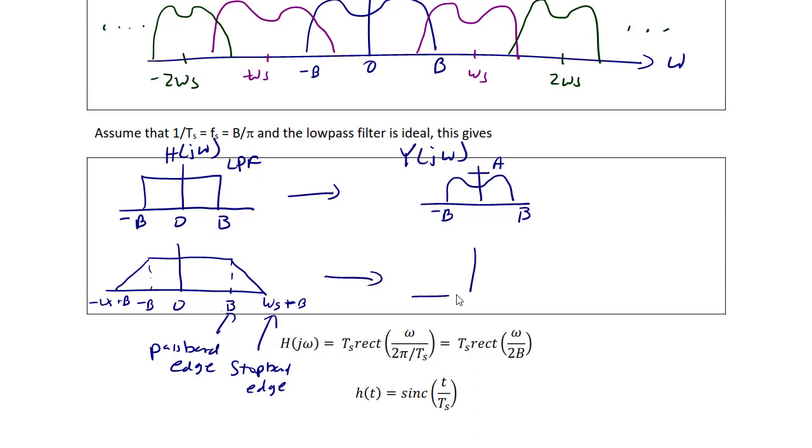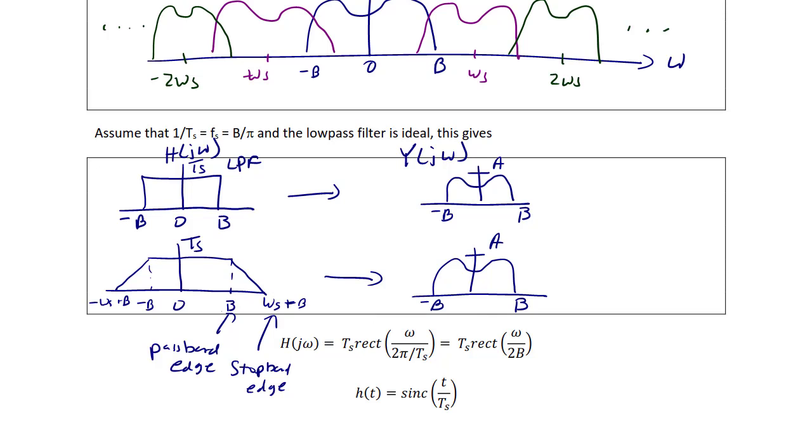And now the output Y of j omega would also give you back your original signal, negative B to B. And remember, we have selected the gain such that if the sampled signals had an amplitude of A over Ts, then the gain here would be Ts in order to get A back.